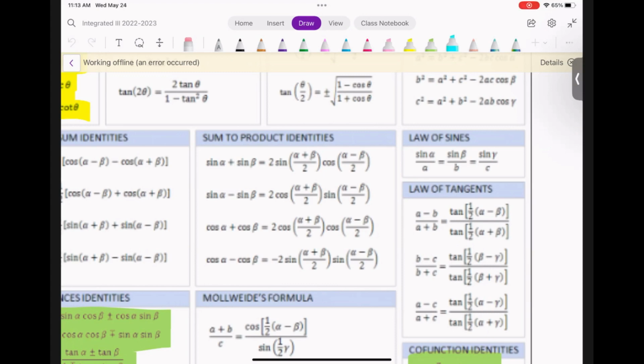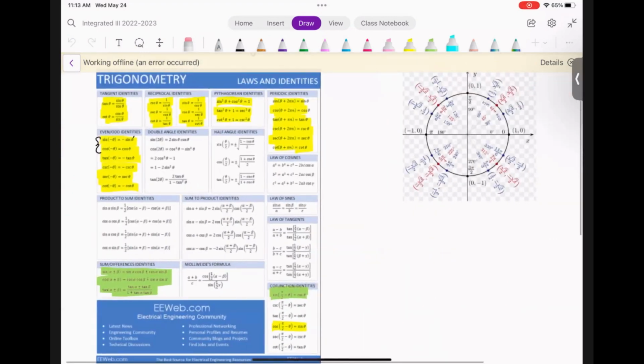But for our purposes, now that you have access to this whole trig sheet, I highlighted the ones that we went over so that when you are taking a test, you know which ones you should be very familiar with. Does that make sense? It's not to say the ones that are not highlighted are not going to be used. It's just to say these are the ones that are really useful. Okay. All right. Back to work.